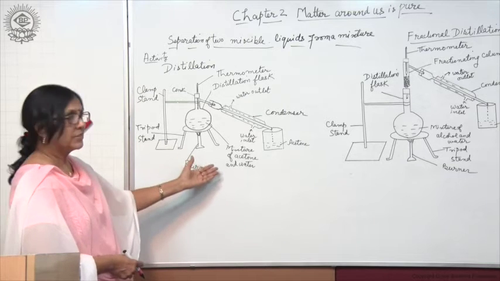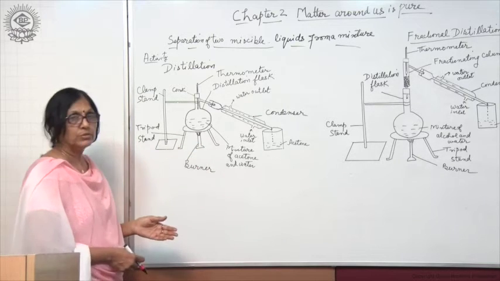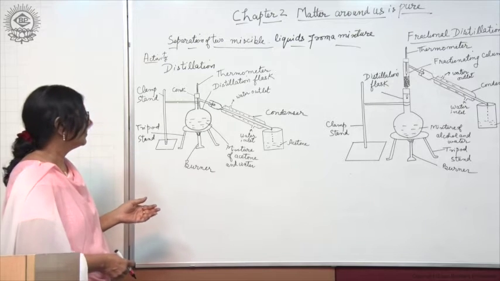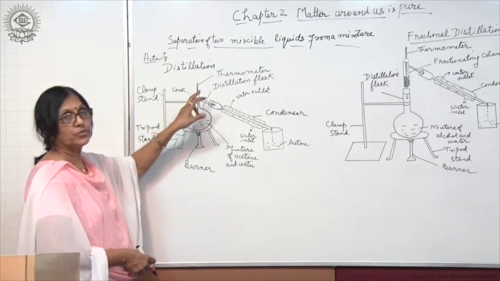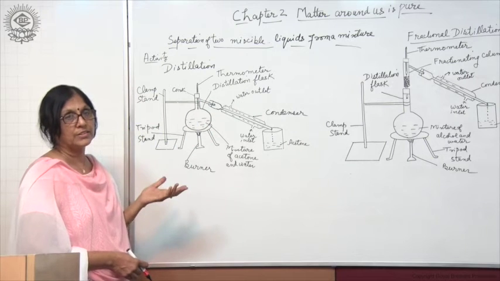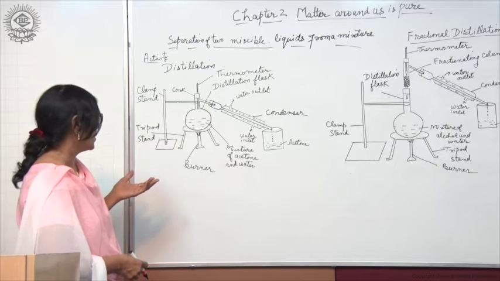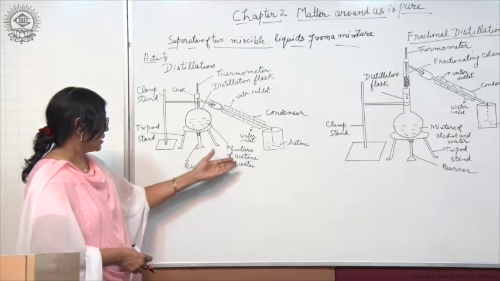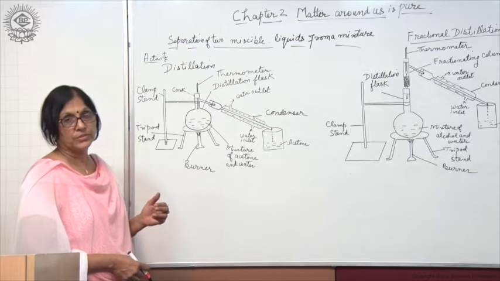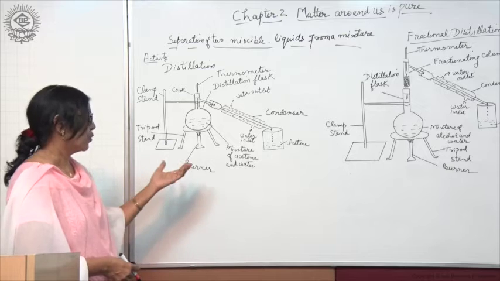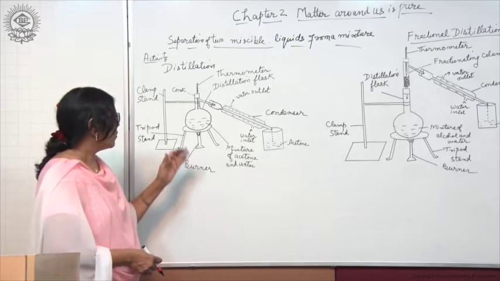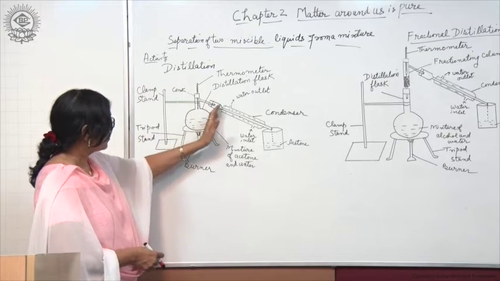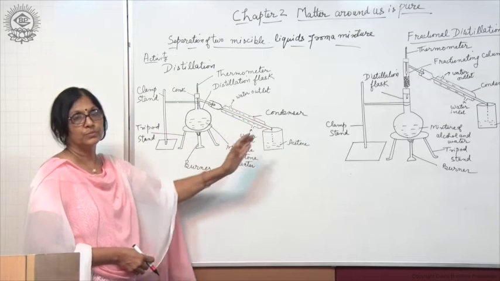Now, when the apparatus is set like this, the heating is continued with the help of a burner, and the temperature has to be maintained. It should not rise above 56 degrees centigrade. The acetone will vaporize first. As its boiling point is less than that of water, vapors will rise up and pass through this inner tube.